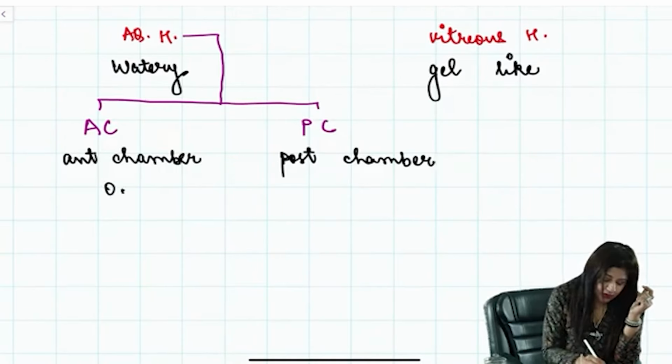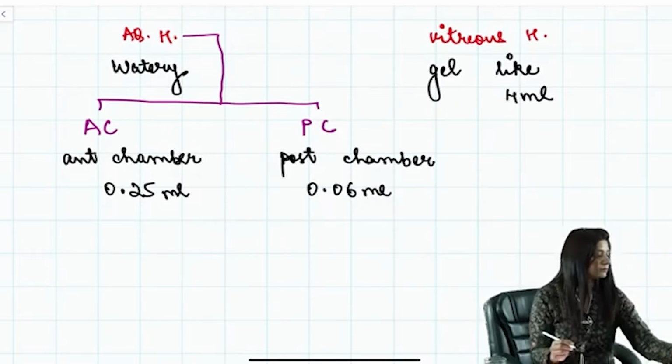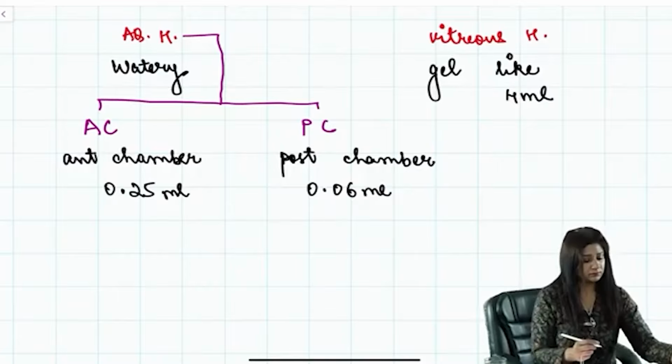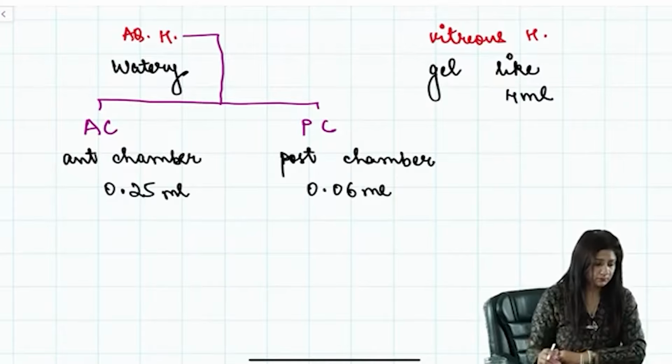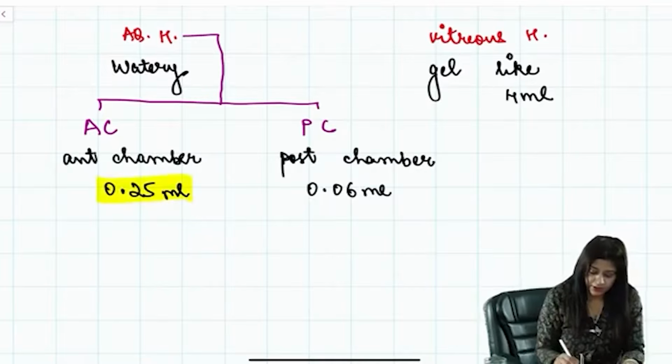Anterior chamber has 0.25 ml, posterior chamber 0.06 ml, and vitreous humor is 4 ml. Something like this.